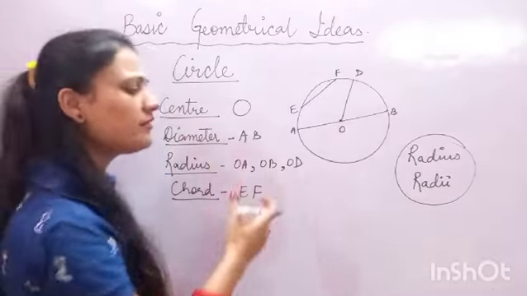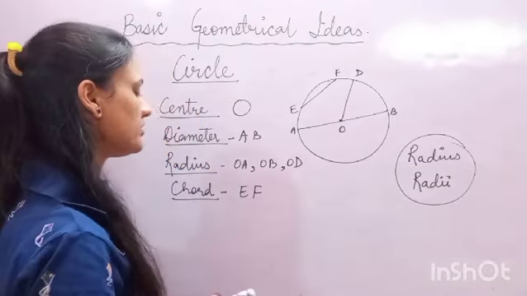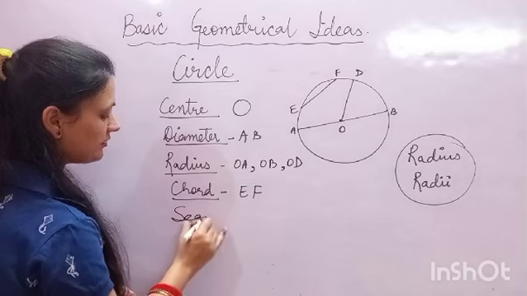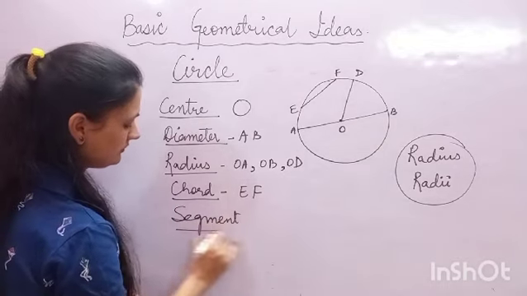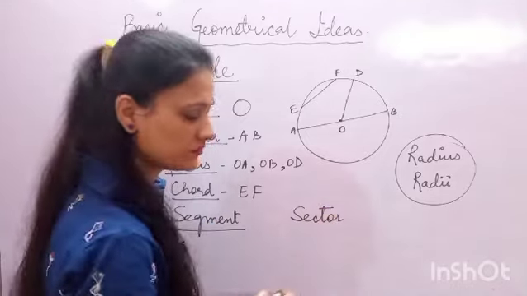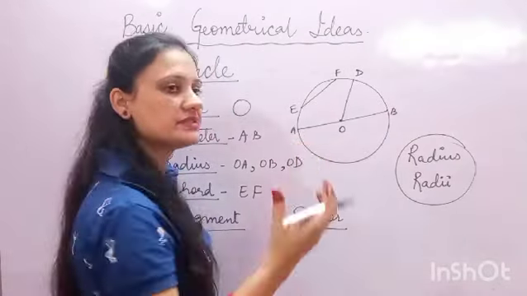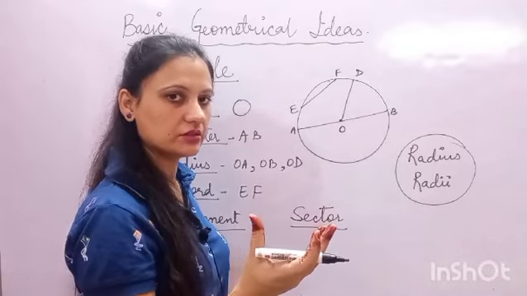I hope you have already done this in previous classes, and the important thing is we're going to understand segment of a circle and sector of a circle. Okay? What is the segment? Segment of a circle, these both are parts of a circle, right?